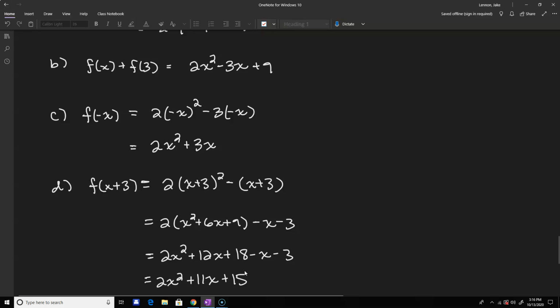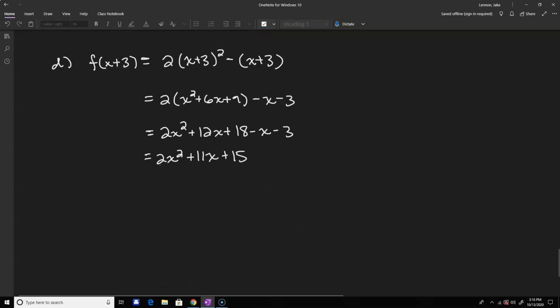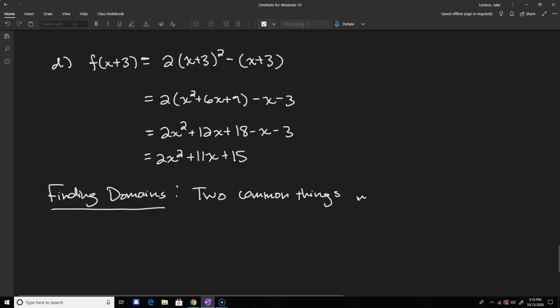Okay. What about for evaluating domains and ranges? So primarily for us, finding domains. So let's just kind of look at two common things that will cause an expression to be undefined.